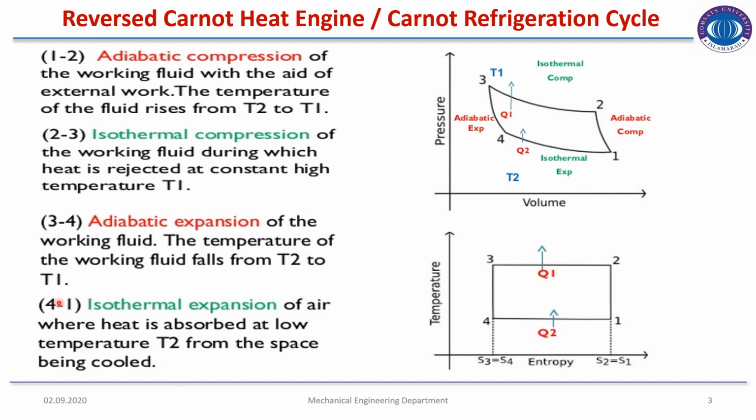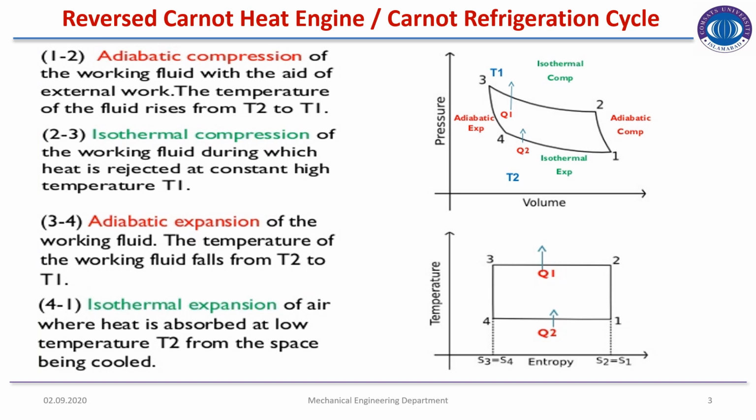For process 4 to 1, isothermal expansion of air where heat is absorbed at low temperature T2 from the space being cooled. As you can see, Q2 and an arrow inside. So Q2 is absorbed during process 4 to 1, isothermal expansion. As the name suggests, isothermal, the temperature T2 will remain constant throughout the process.